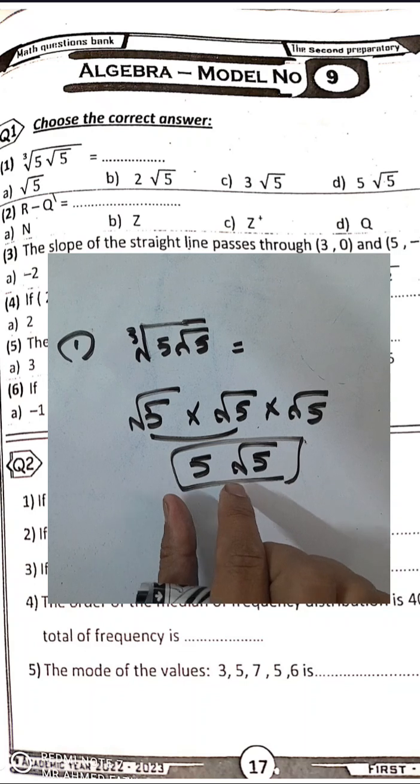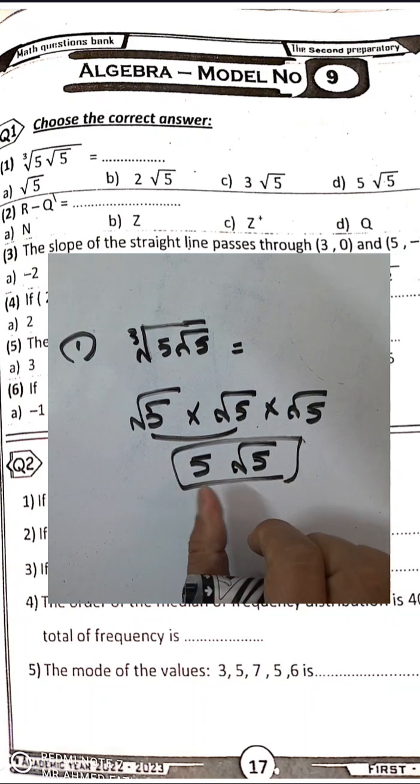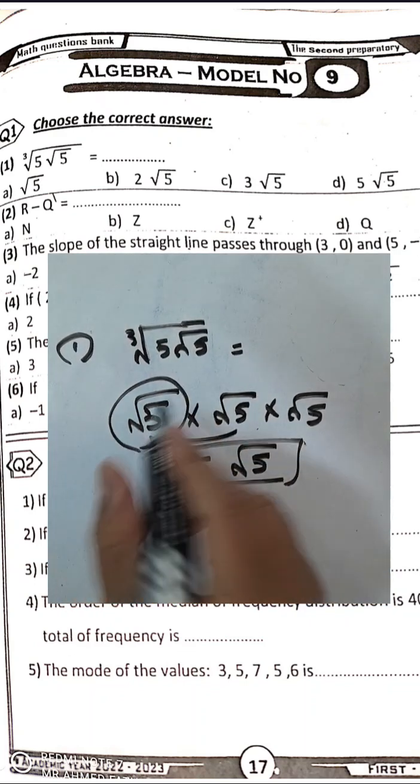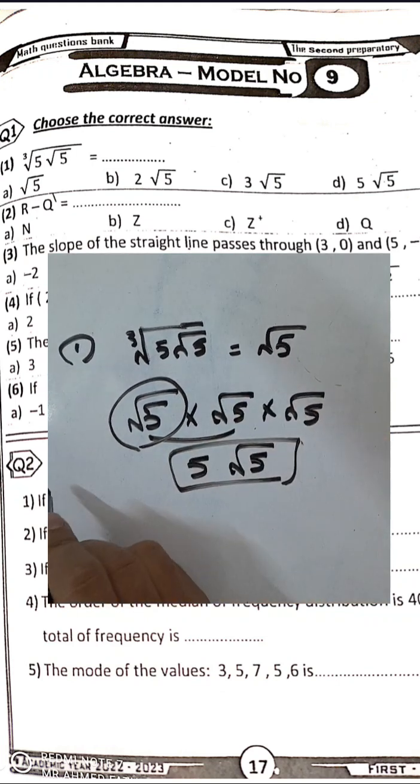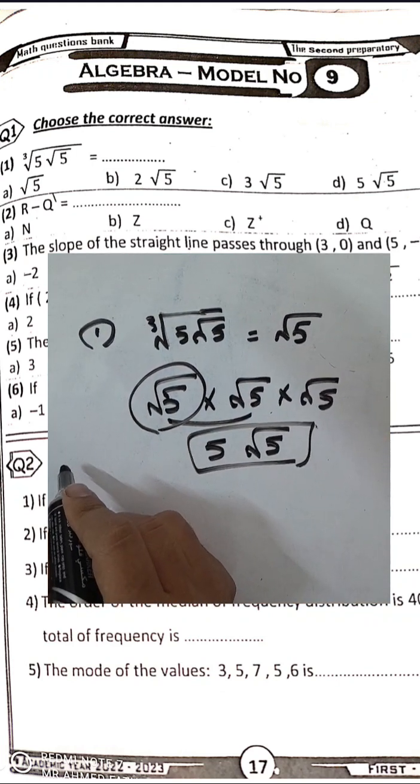It will be 5 times itself. Then the result here will be the square root of 5. It's the result of this example.